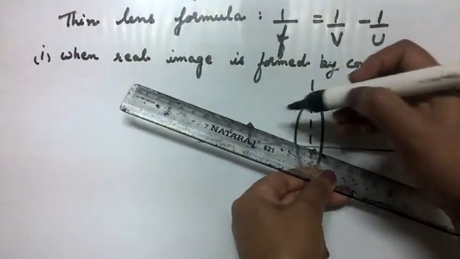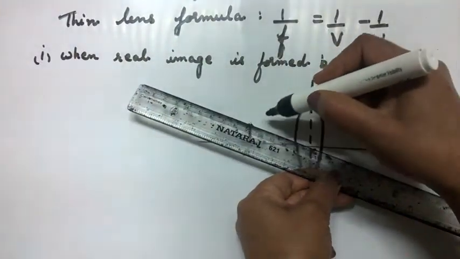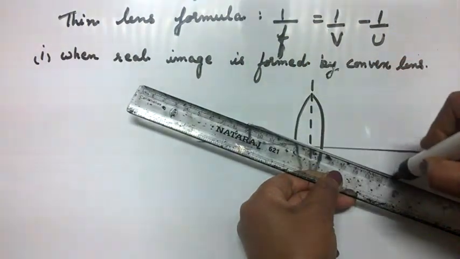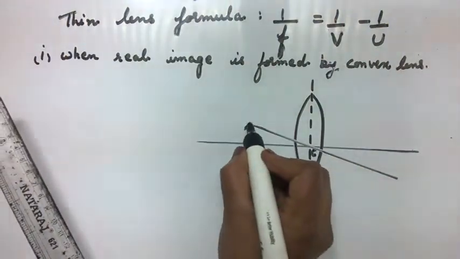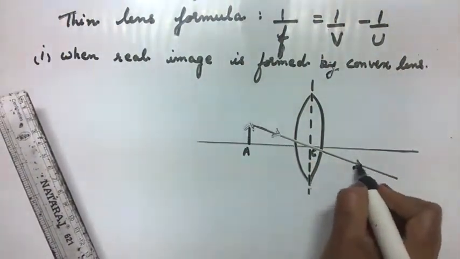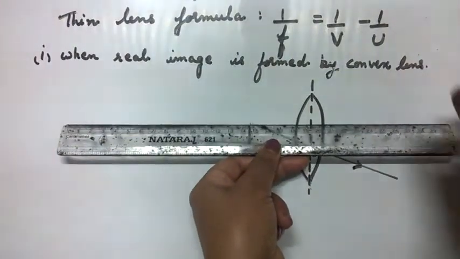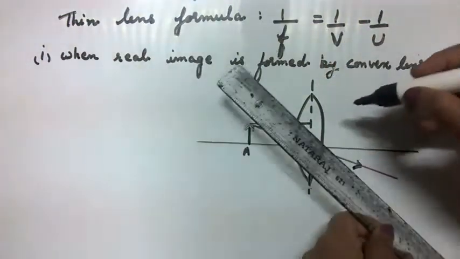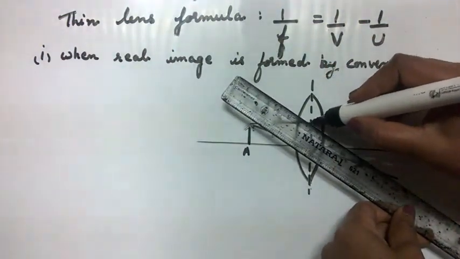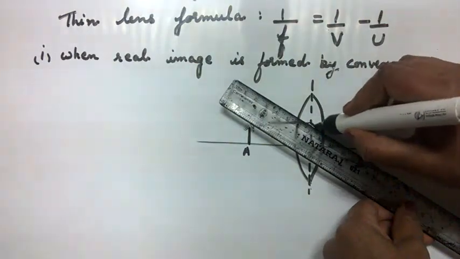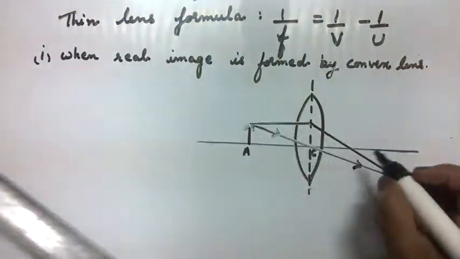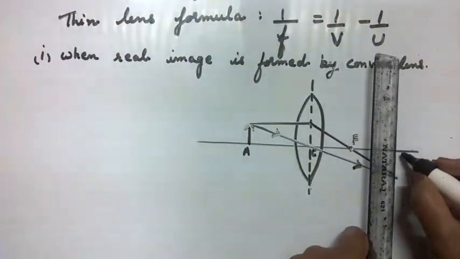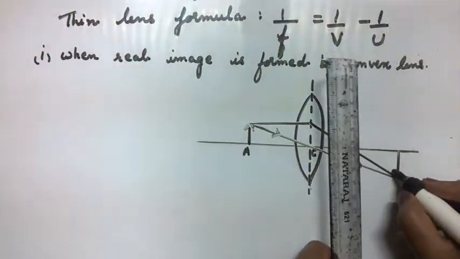The rays which are passing through optical center will remain undeviated and will go straight, and the ray which is parallel to the principal axis will pass through focus and the image formed is real and inverted.